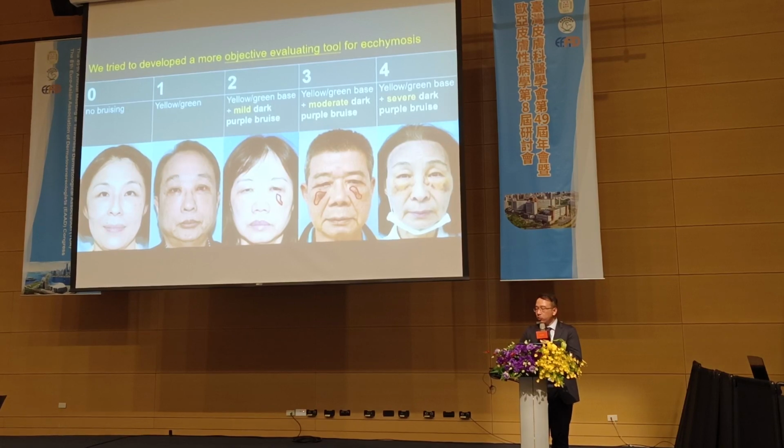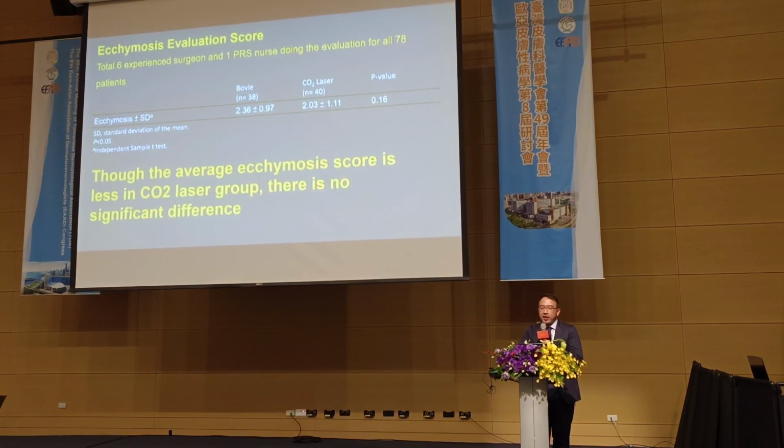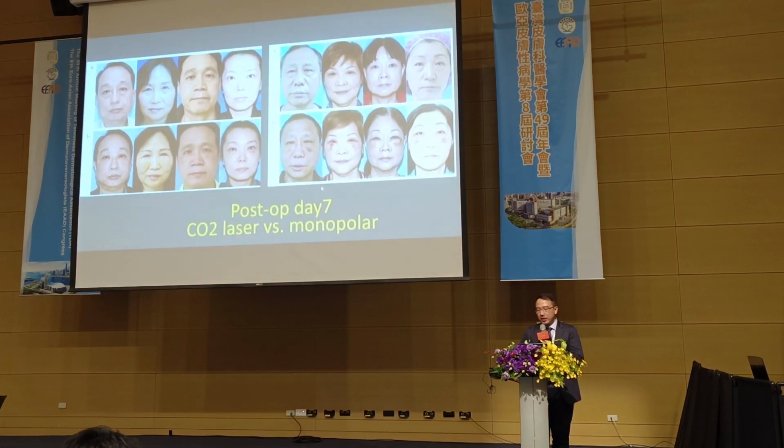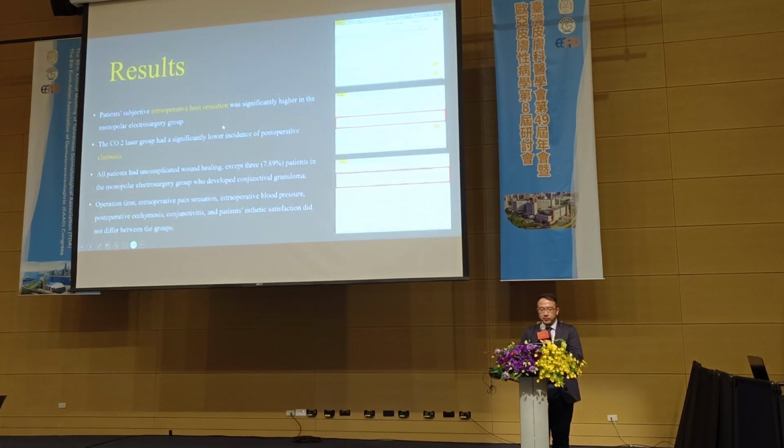So we made this chemosis score, and we asked 6 experienced surgeons and 1 PI, our nurse, to evaluate all 70 patients. The average chemosis score is less in the CO2 laser group, but there is no significant difference. Still, in my experience, I think CO2 laser did reduce bruising after surgery.